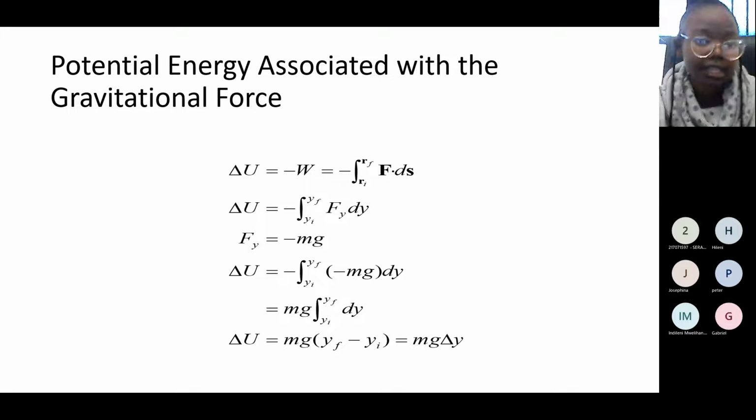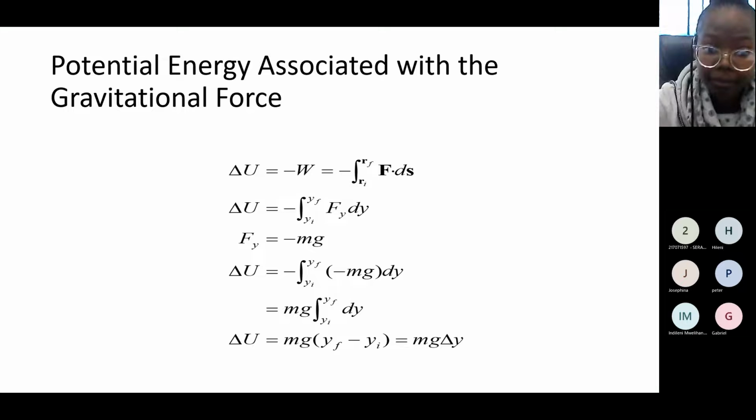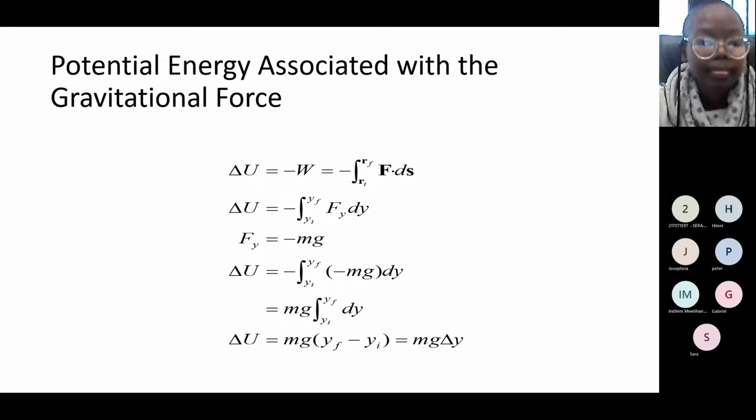So the change in energy is equal to the mass times the gravity times the change in height. Let me say the initial and then the final. So you take the final displacement, y f, minus the initial displacement, and then you get your formula for potential energy.